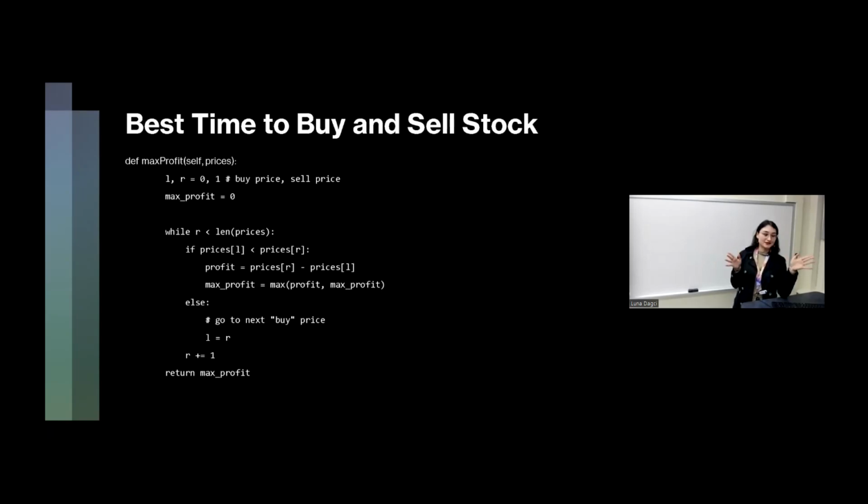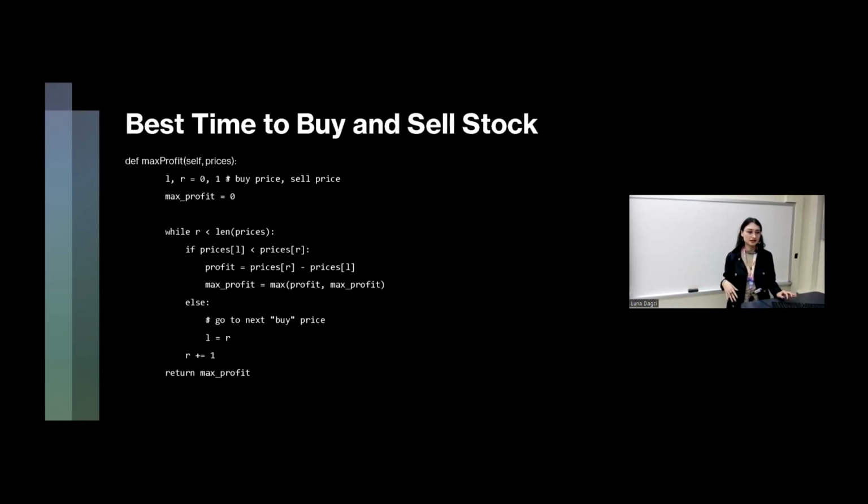If the price on the previous day is cheaper than the next day, then we calculate the profit, and we update our maximum profit value. Profit acts like a current sum, just like in the previous question, and max profit is our return value. So we keep updating it whenever we find something larger than max profit.